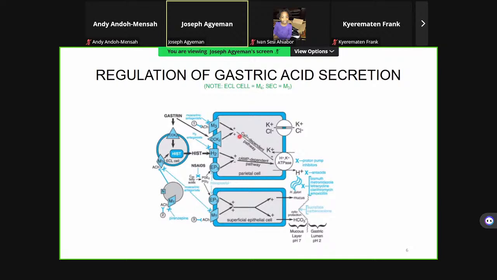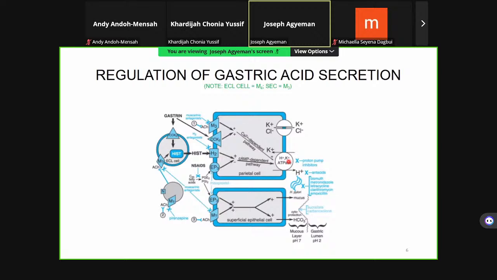The calcium will therefore initiate or make sure that the acid secretion is going to occur. So in the presence of calcium, then the proton pump, this is the hydrogen potassium ATPase. The hydrogen potassium ATPase is the main route through which hydrogen is exchanged with potassium by the parietal cells.